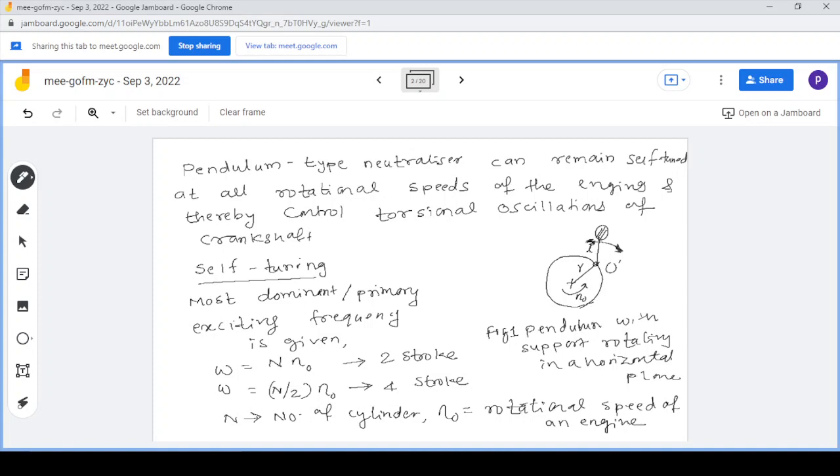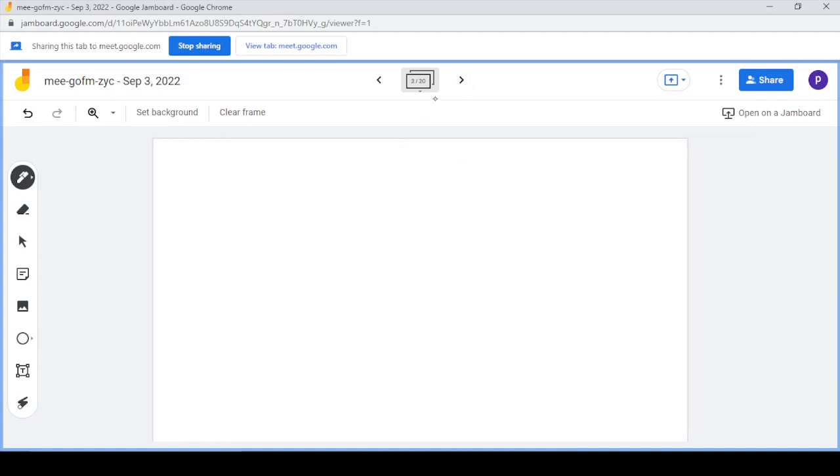Okay. Now let us look at the expression. So in this case, what we are doing, we are neglecting all the higher harmonics. So what is the meaning of neglecting all the higher harmonics?